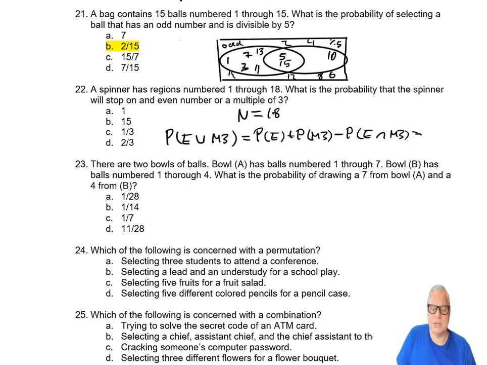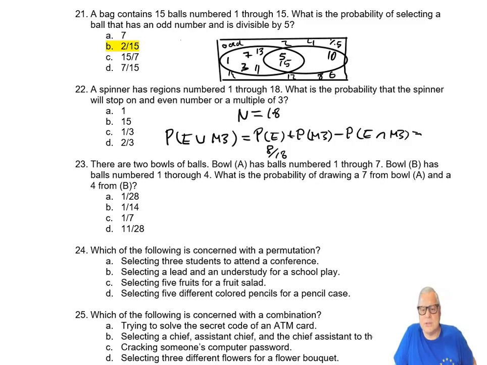Probability that it's even is 2, 4, 6, 8, 10, 12, 14, 16, 18. So that's 9 over 18.